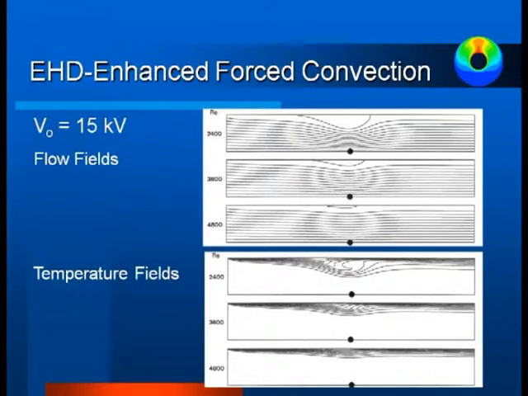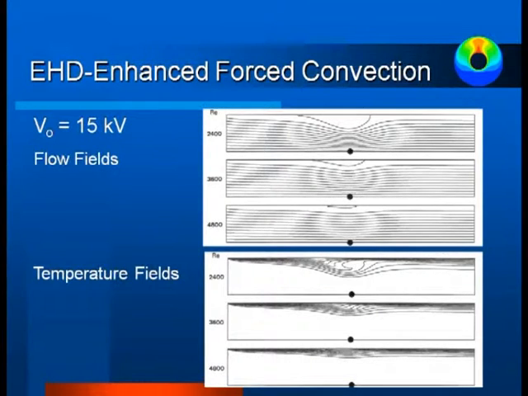This can be shown from this diagram, a flow field at different Reynolds numbers. Where the Reynolds number is high, the inertial force is dominating and suppresses the electrical force. This is due to the interaction of corona wind and the primary flow.